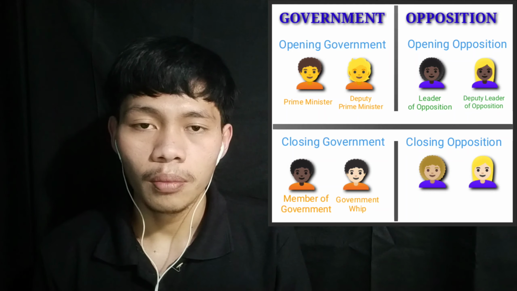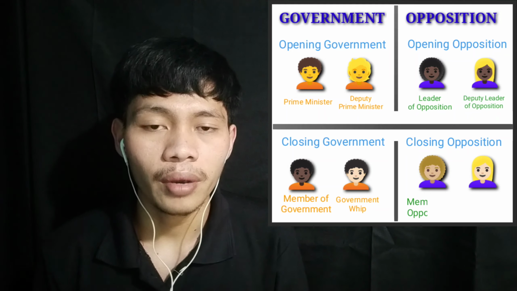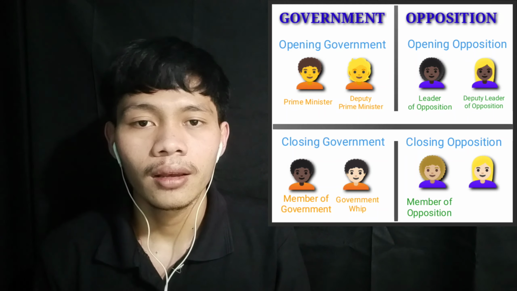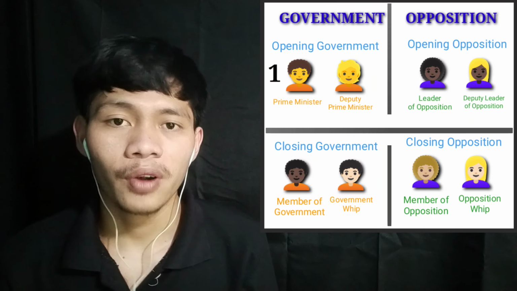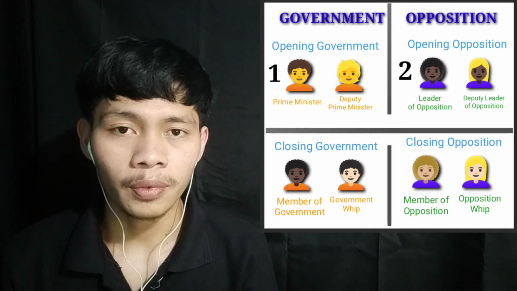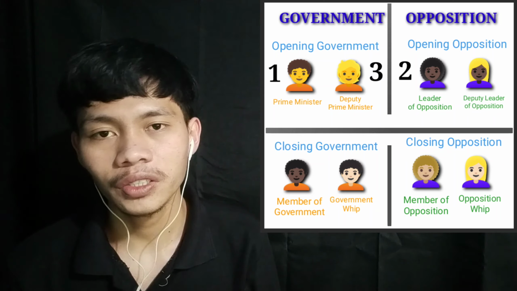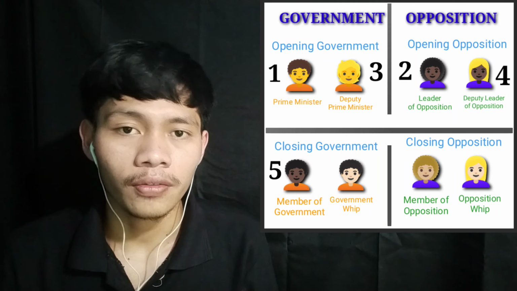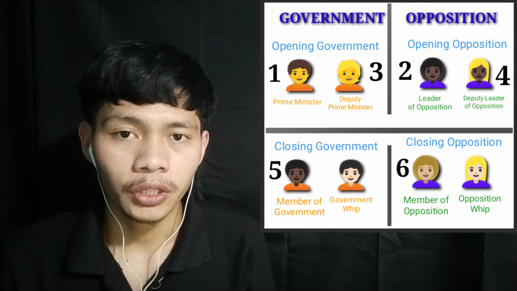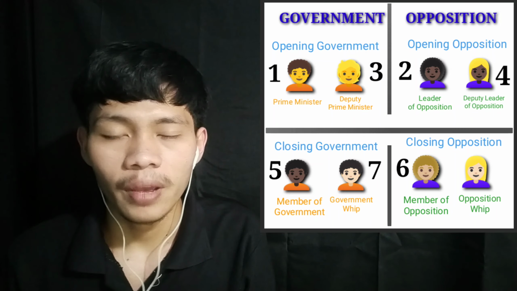And in closing opposition, we have the Member of Opposition and the Opposition Whip. The order of speakers is Prime Minister, Leader of Opposition, Deputy Prime Minister, Deputy Leader of Opposition, Member of Government, Member of Opposition, Government Whip, and Opposition Whip.